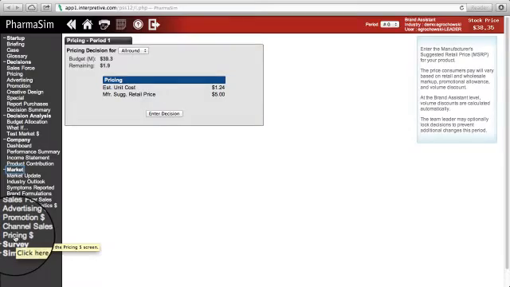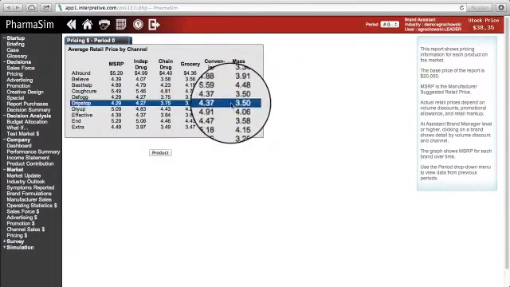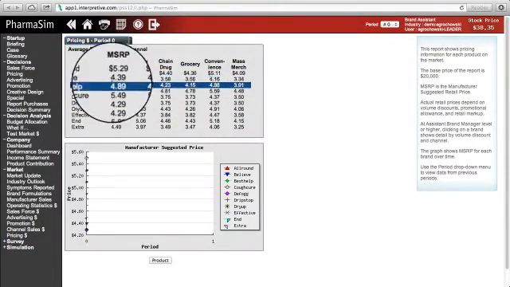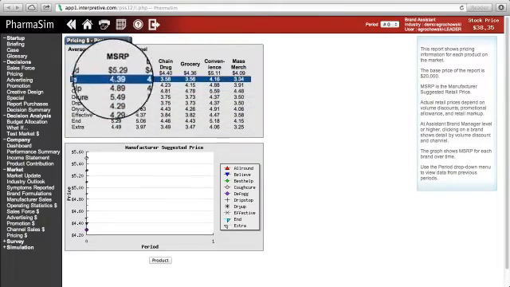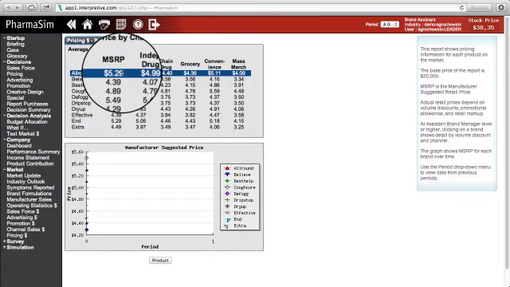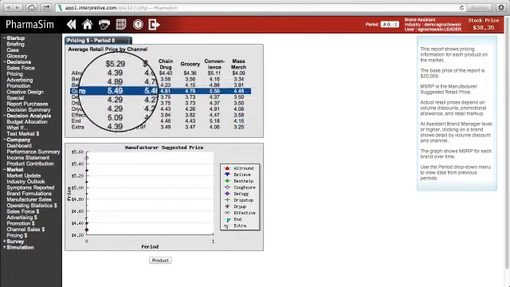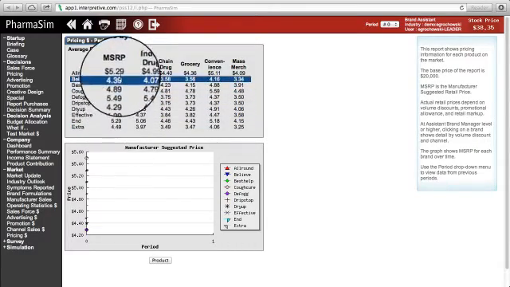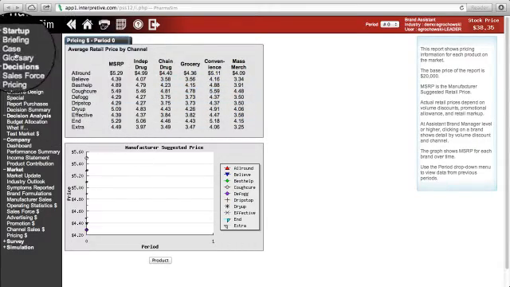So I can pay for a report that's going to tell me how much different pricing is on my competitive products. So I'm seeing that I am somewhat higher than some of the other products, so I could decide to lower the price.